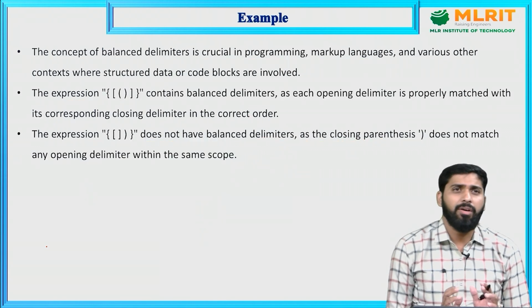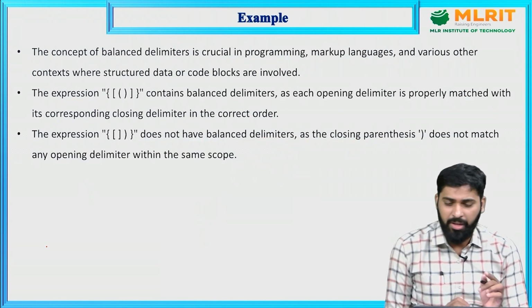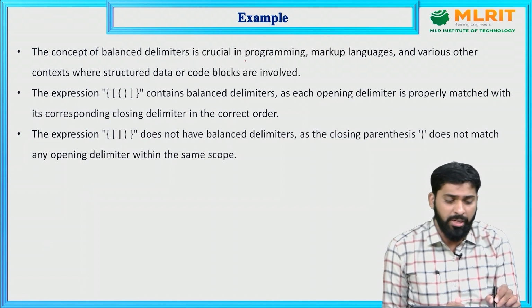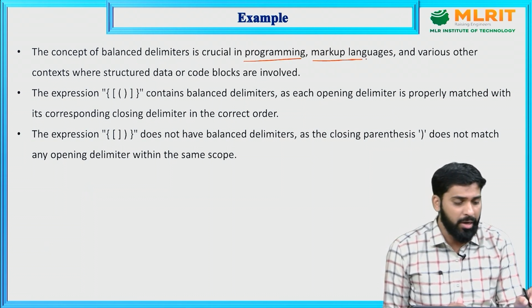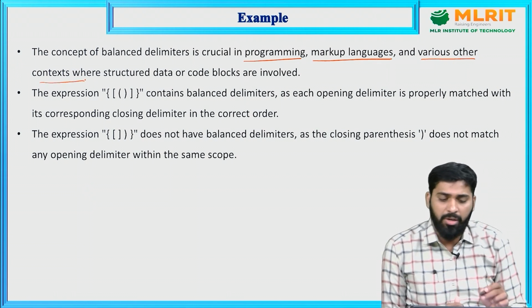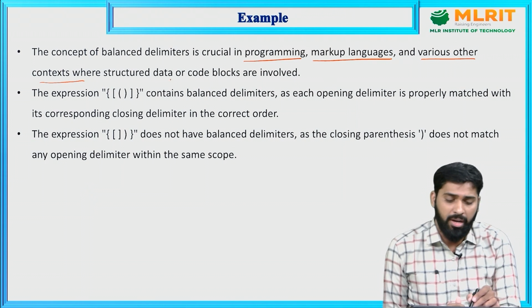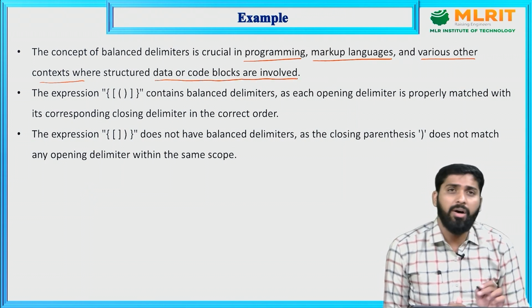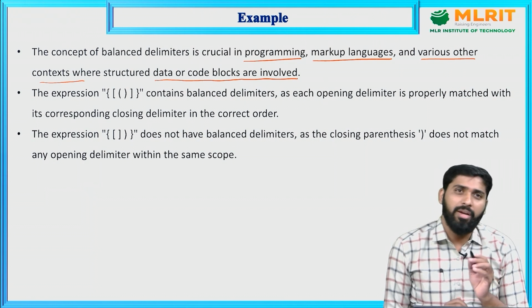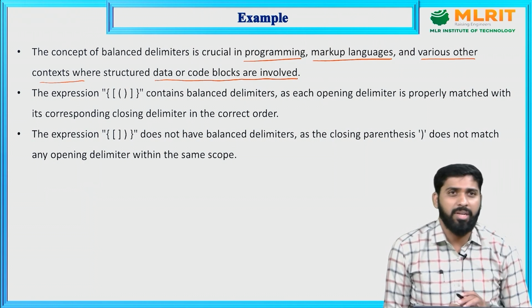Now we see one example. The concept of balanced delimiter is crucial in programming, markup languages and various other contexts where structured data or code blocks are involved. First, programming. In the last class we wrote a stack program.